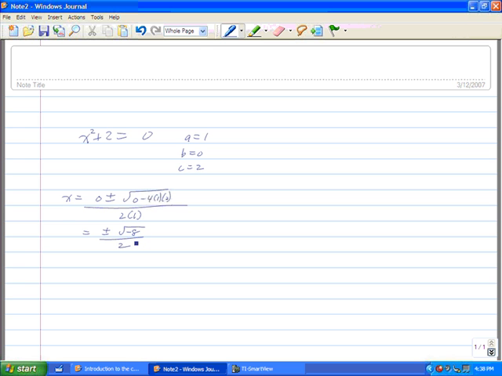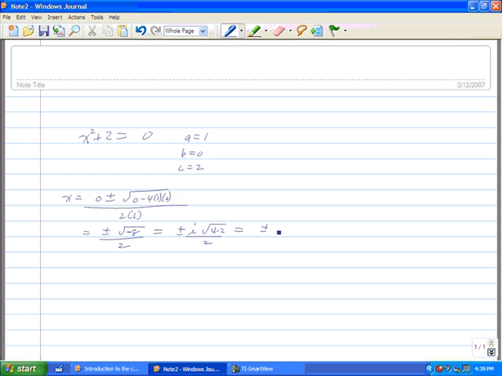Now, whenever you use the quadratic formula and a negative shows up as your discriminant, meaning shows up underneath the square root, that means that you've got two complex solutions. And our two complex solutions would be, pulling out the negative, they come out as an i. Square root of 8 would be a 4 times 2.